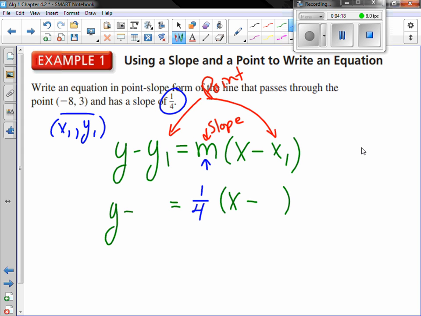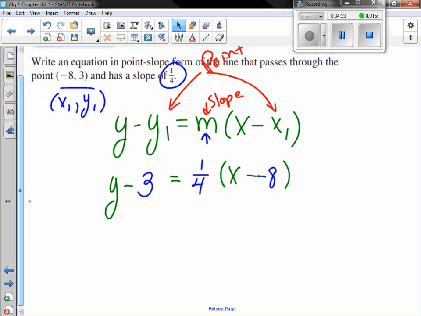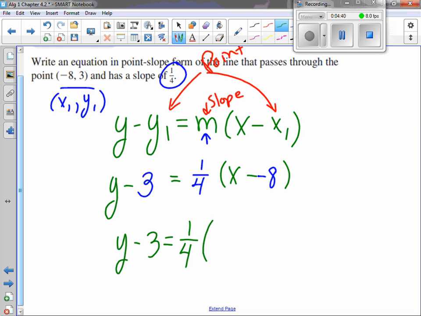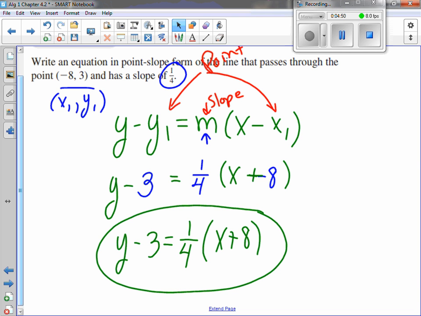So what's the y value for our point? 3. So I'll plug it in for y1. And our x1 would be? Well, here a negative and negative would actually make a positive. It's in point-slope form.